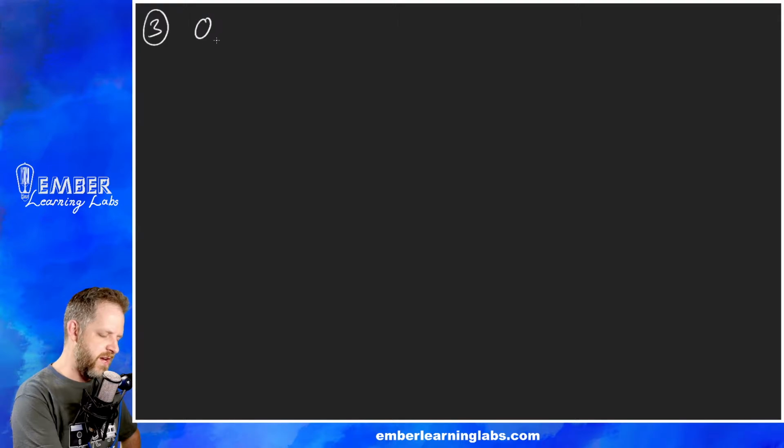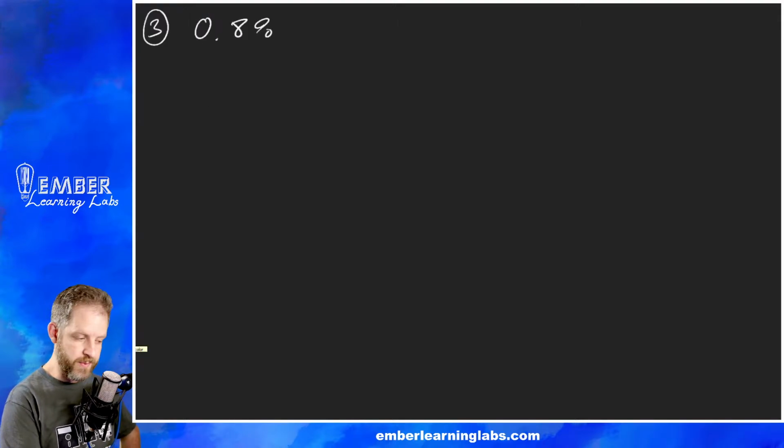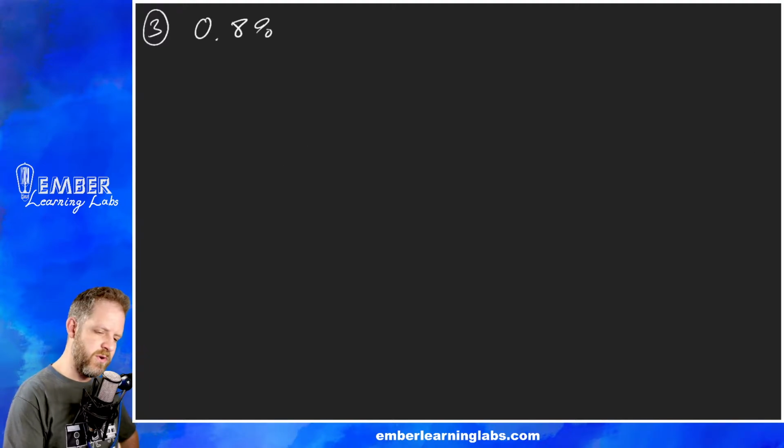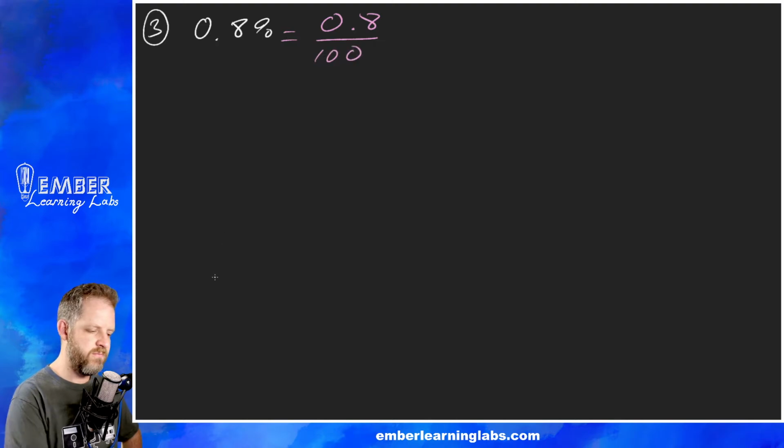All right, number 3, we're going to convert 0.8% to a decimal. We're going to do this one a lot like the last problem, right? Because we're going to write this as 0.8 over 100.